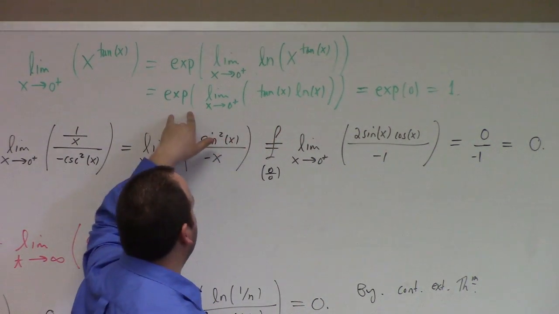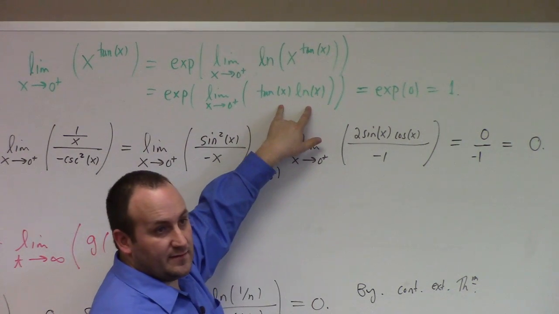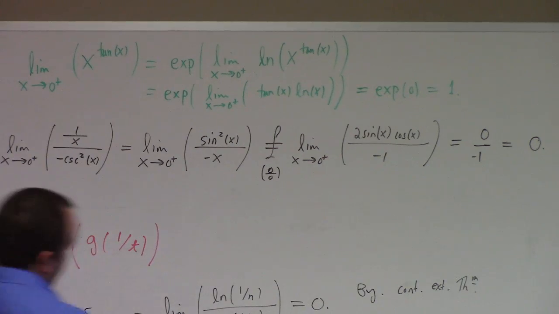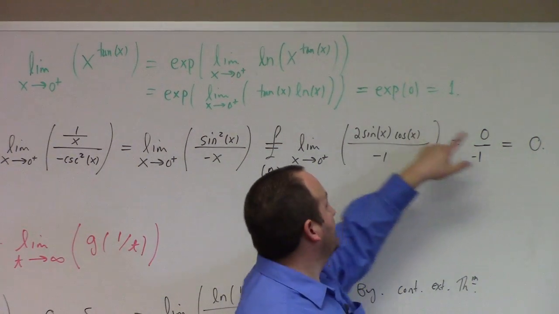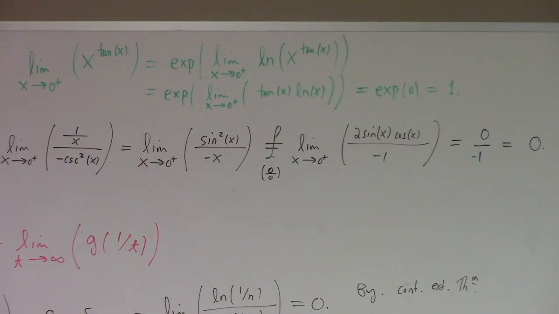Then I've got exponential, the limit as x goes to 0 from the right of tangent x times natural log x. But, hey, I just worked that out, and it's 0. So this is e to the 0, which is 1. Let's work another.